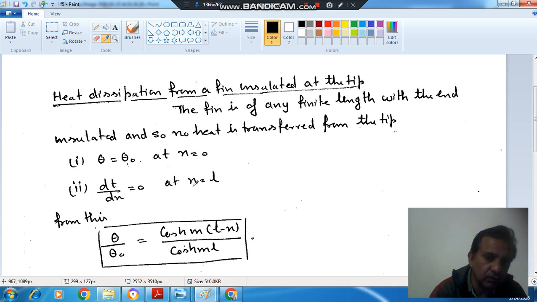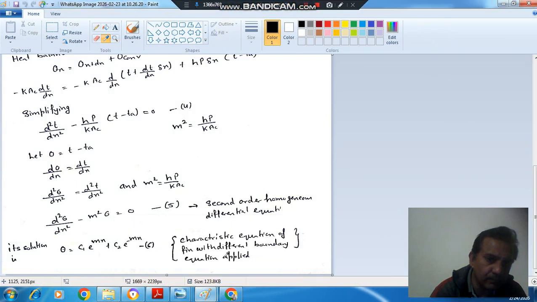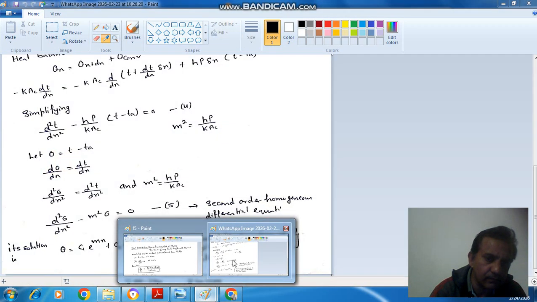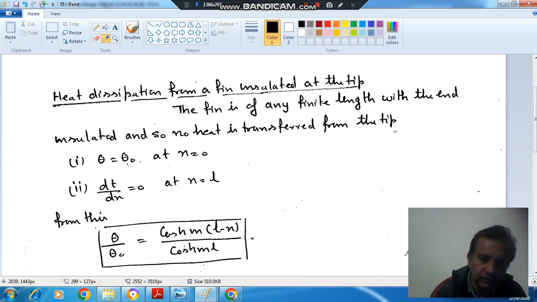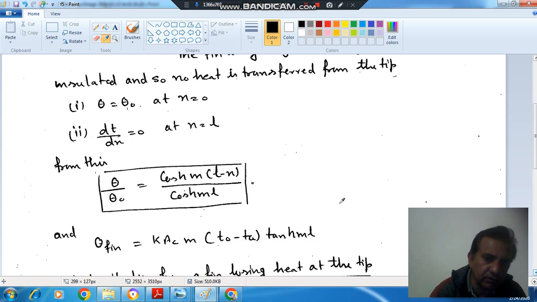Now if we put these two boundary conditions in this equation, we can find these two equations. The temperature variation is theta by theta naught is equal to cosh of m bracket L minus x bracket close, divided by cosh mL, and the heat transfer from the pin will be root of hp kAc times T naught minus T infinity times tanh mL.